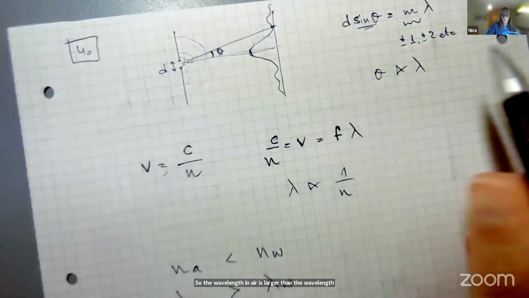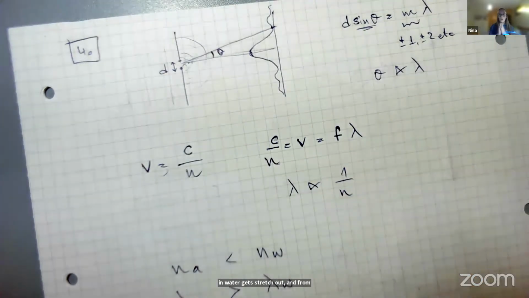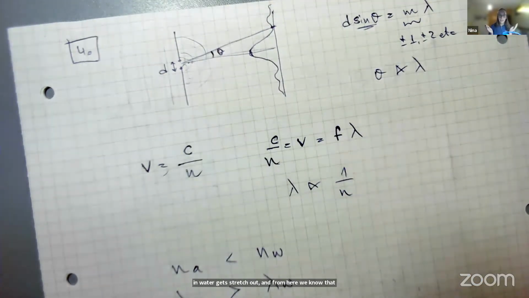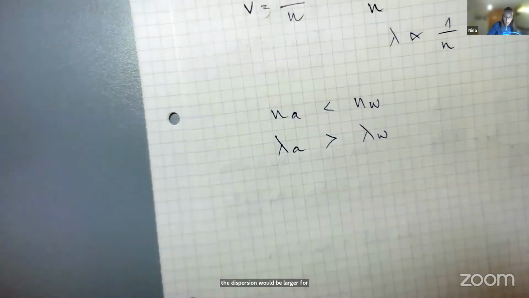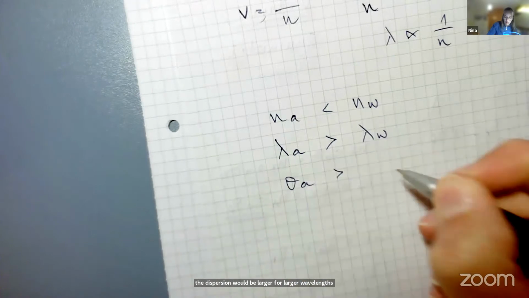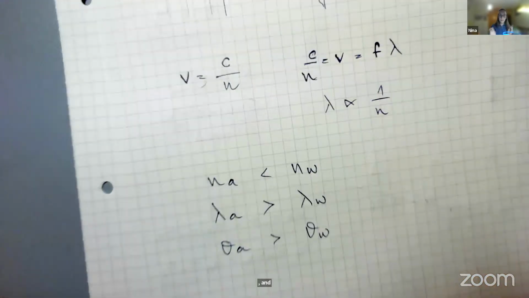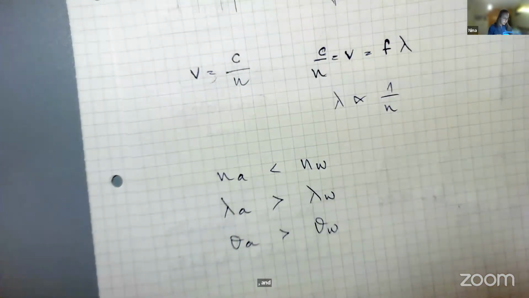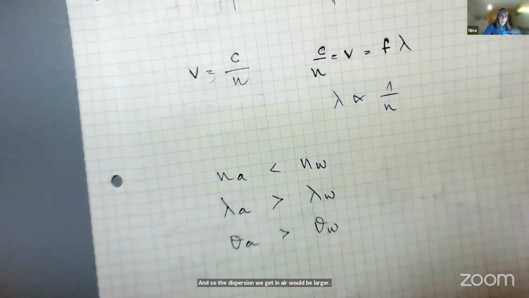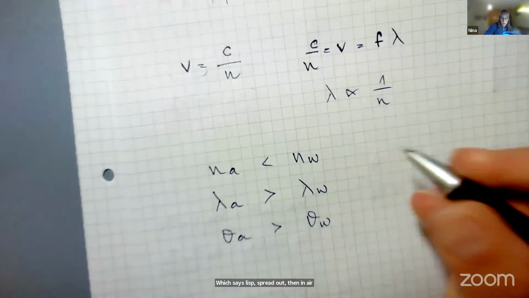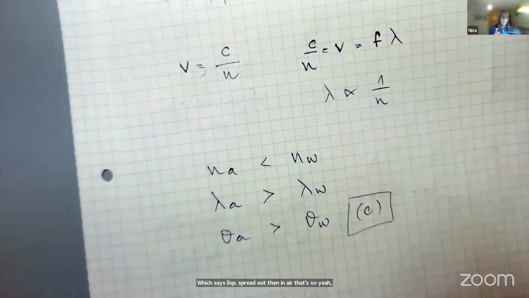And from here, we know that the dispersion would be larger for larger wavelengths. And so the dispersion we get in air would be larger than in water. And looking at the answers, we have answer C, which says less spread out than in air. So yeah, this would lead us to answer C.